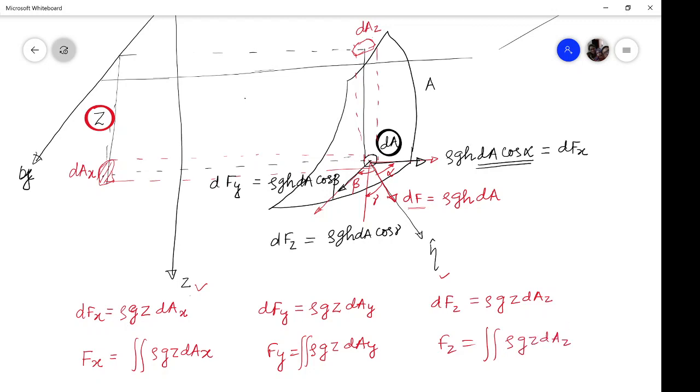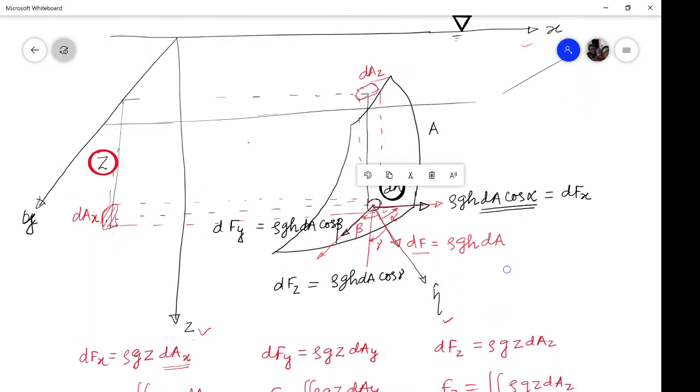Now the question is, on what area should we be integrating? As you can see here, this is the small element of the projection of this particular small area. So this has to be integrated over the projected area onto the x plane.